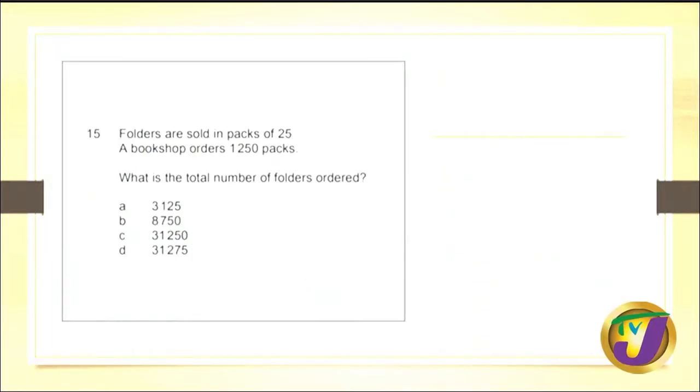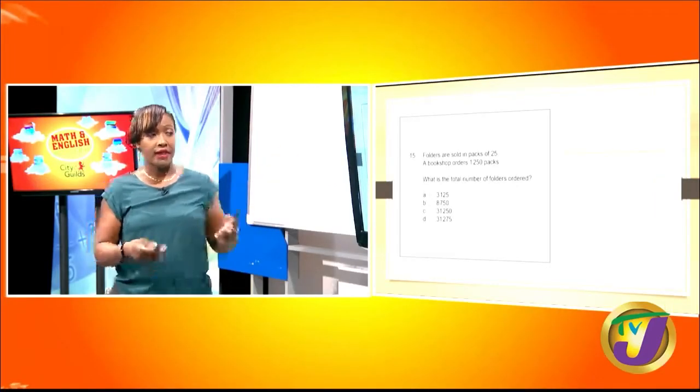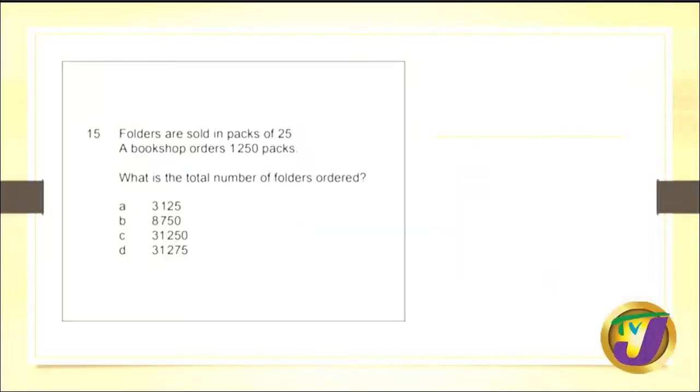Next question. Folders are sold in packs of 25. A bookshop orders 1,250 packs. What is the total number of folders ordered? Remember, we're doing operations, so you want to see what operation can get you where you want to get. If you observe the options you have, all the options are greater than any number you see in the question. It is somewhat an indication that you are increasing whatever values you are given in the problem. So let's look at the problem again.